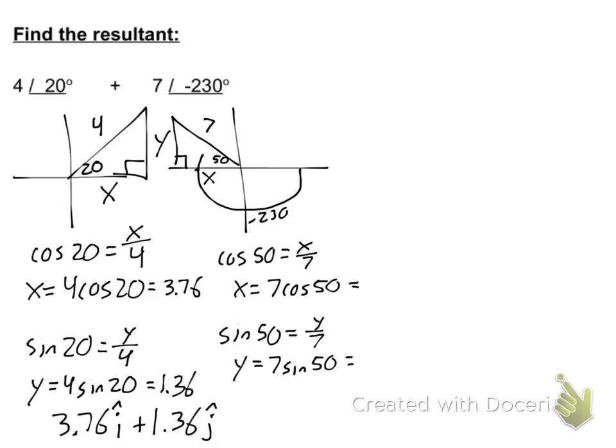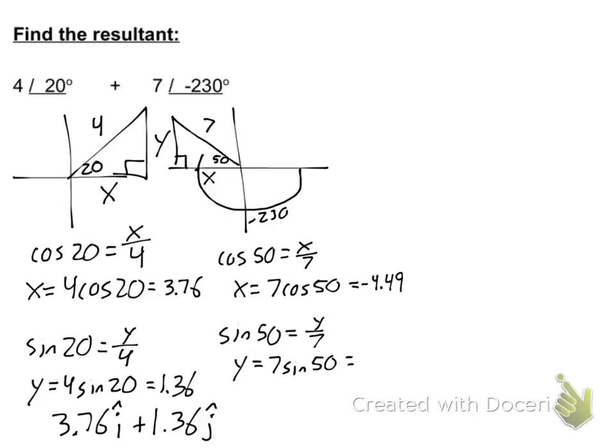Each one of these will have its own value. So what do we have for the 7 times the cosine of 50? Negative 4.49.